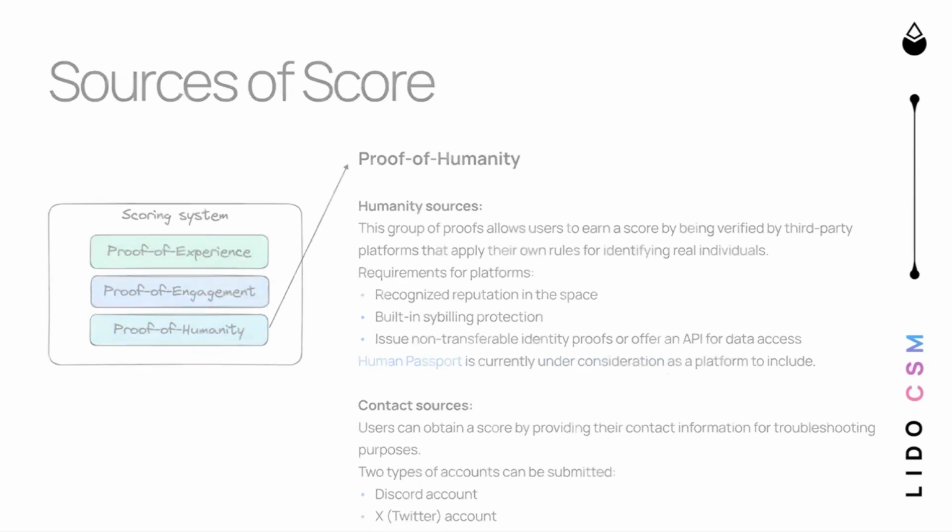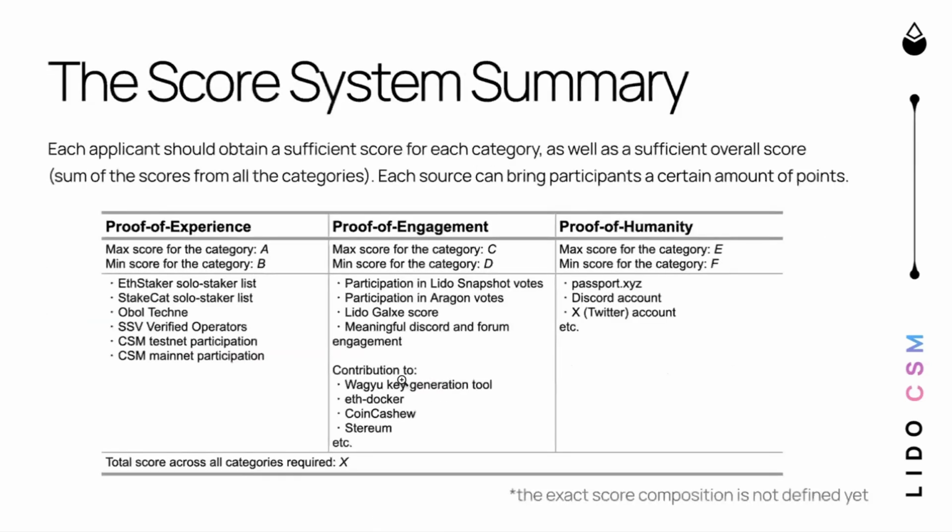All right, now let's try to sum it up. And there is a picture that probably will help you to better understand what I just showed you. So the gist is that in this system, each applicant should obtain a sufficient score from each category, as well as a sufficient overall score that you can see over here.